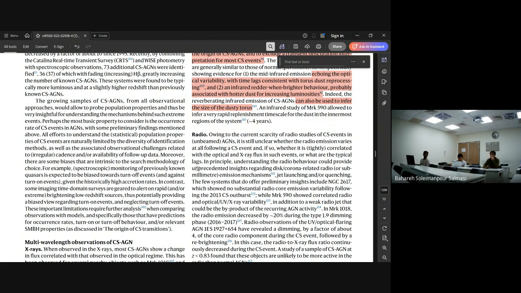But what your question was, why this goes against the unification, I think it's because these variations are a function of time instead of a function of viewing angle. I think that's their point. But can't the viewing angle be changed? What do you mean? What if the galaxy, like the AGN, was pointing like this, but not this?